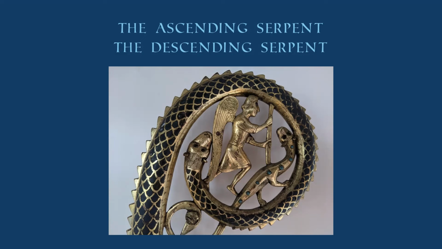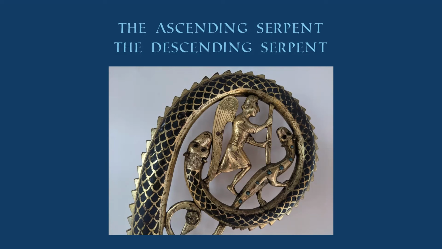Now, interestingly, this crozier here at Wells could be said to have both an ascending serpent aspect to it, which is that whole serpentine form that makes the shepherd's crook shape. But also it has the descending serpent on it, because those figures that you see there are St. Michael engaged in the war in heaven against Lucifer.